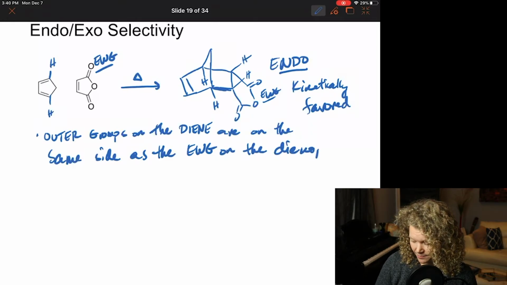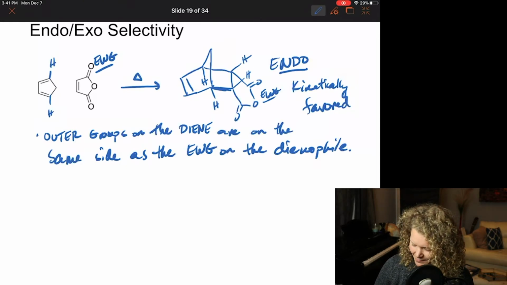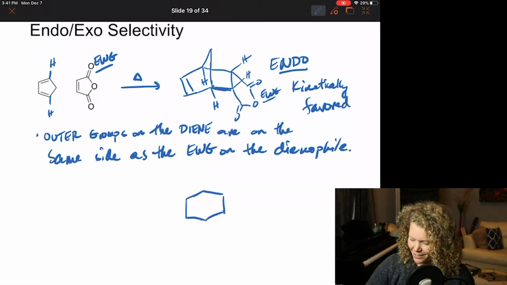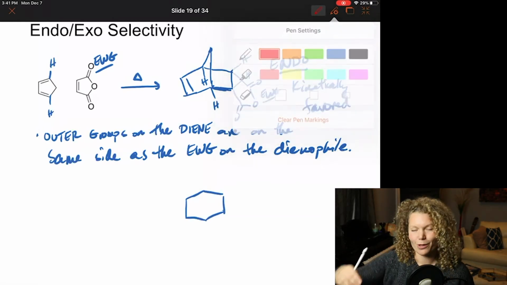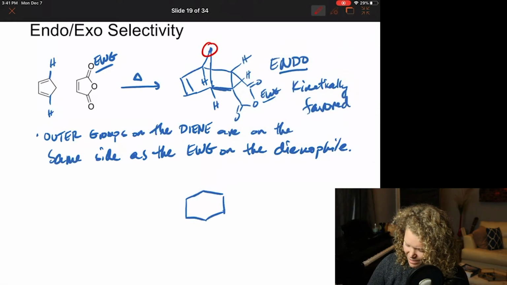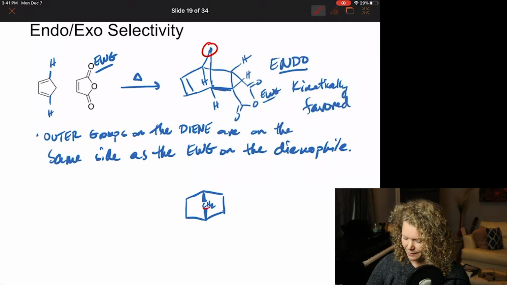Okay. So let's draw this another way. It's going to be a little weird, but we're going to kind of look at this top down. You see this carbon that's pointing up? Let me circle it in red. We're going to look directly down onto that carbon, okay? So make it easier for us to see. So here's our CH2. This is what I have circled in red, okay? So we have our double bond. We've got our cyclohexene, okay?